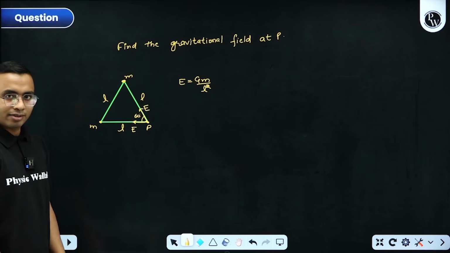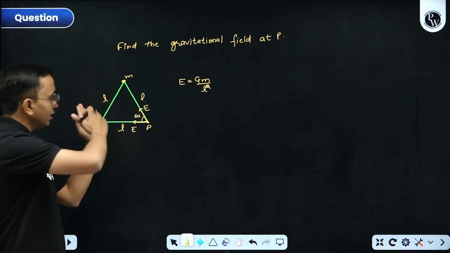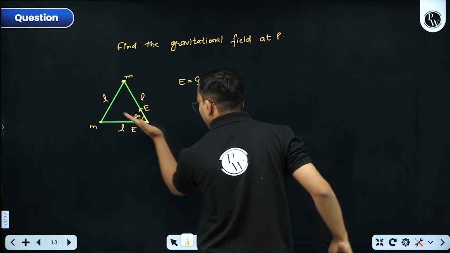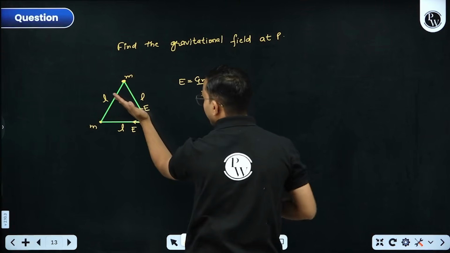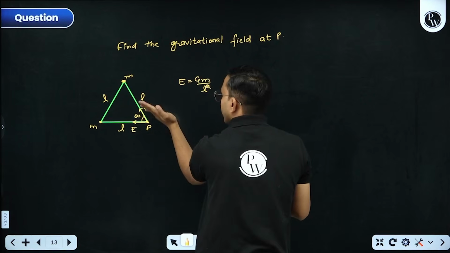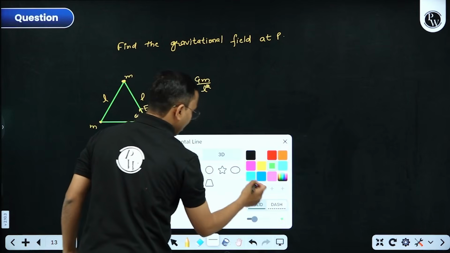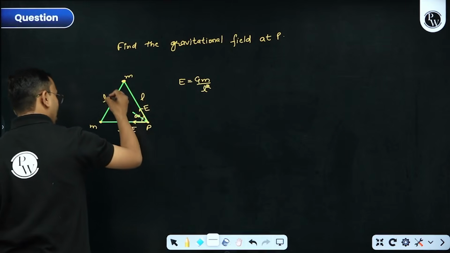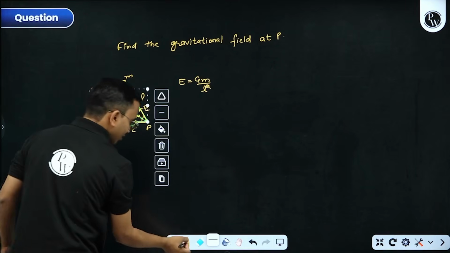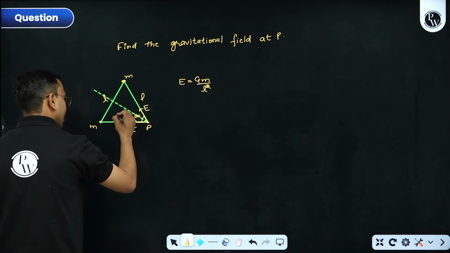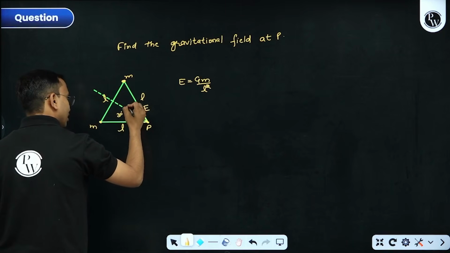What will be the resultant? 2E cos of 30. The resultant will be along the bisector. So take the component along the bisector, E cos 30, E cos 30. Getting it? What I am saying is, I know the resultant will come along the bisector. And this is my 30 degree, this is my 30 degree.